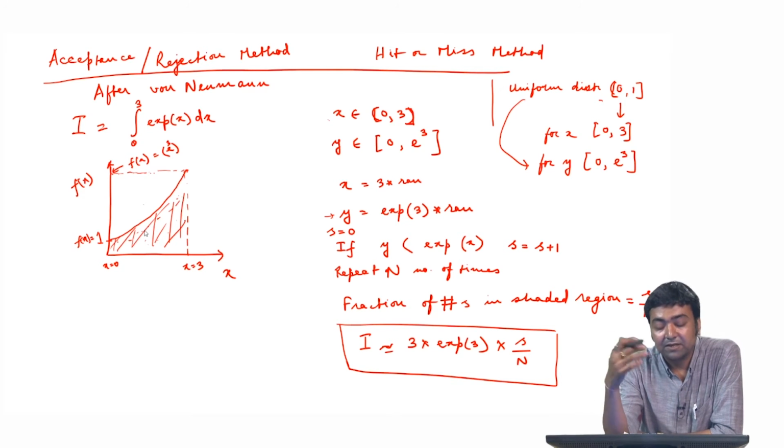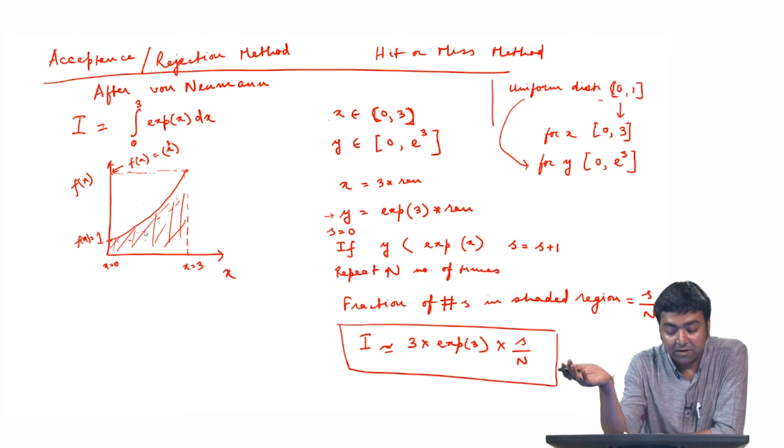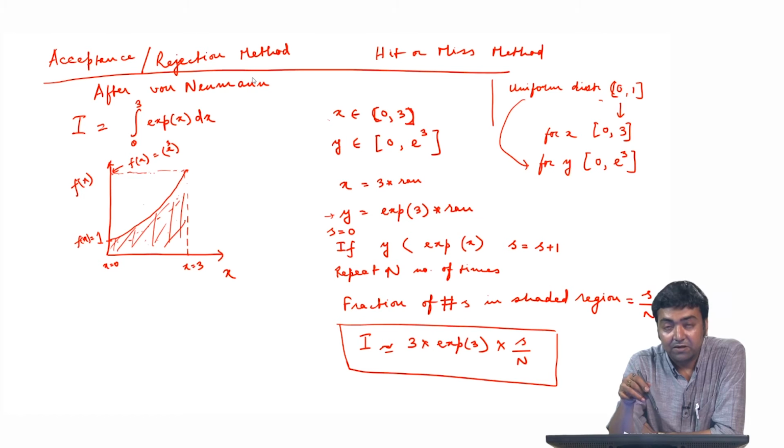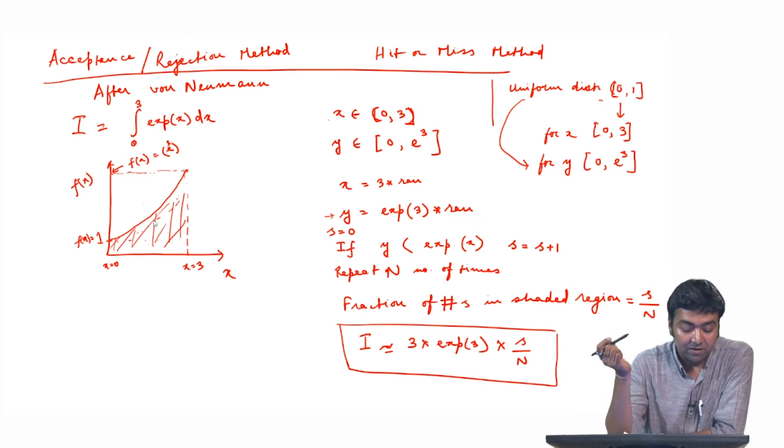So, we are accepting some and rejecting others, and as a result this method is called the acceptance rejection method. Rather than generating a set of random numbers over all this area, we are just using a fraction of them to evaluate the integral.